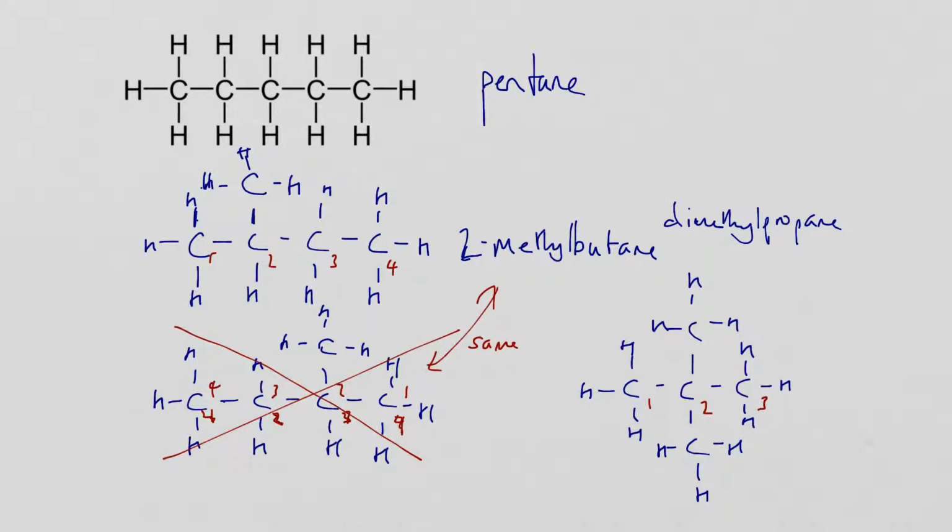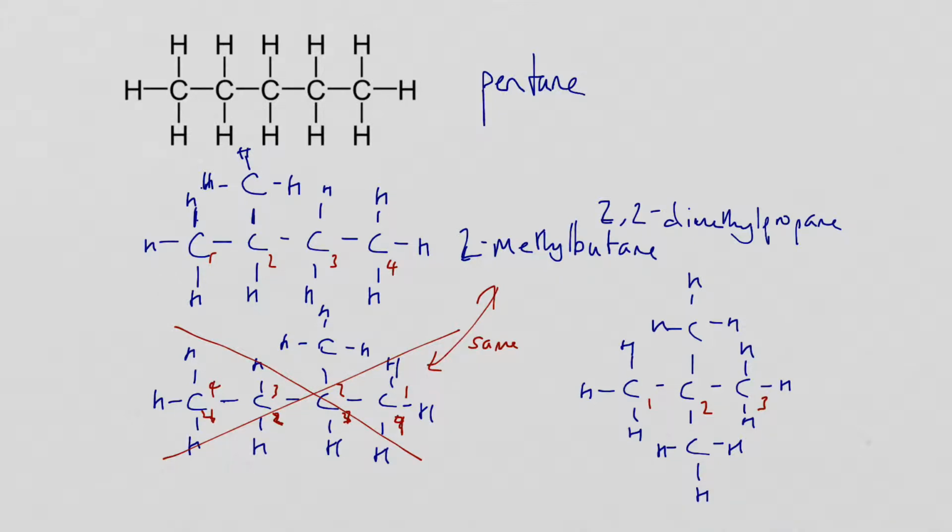And we really need to indicate where we've added the methyl groups. We've got 1 methyl group added to carbon number 2. So I'm going to write that here. 2, dimethyl propane, and we've added the other methyl group also on carbon number 2, so we have to indicate both. So we call it 2,2-dimethyl propane.